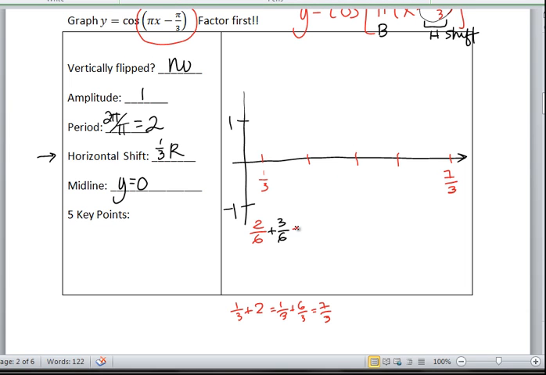That gets me 5/6. Right? And so that's what this is right here. So then you take your 5/6, and to that you add 3/6. And what do you get? You get 8/6. And 8/6 simplifies to 4/3. So this is 4/3.